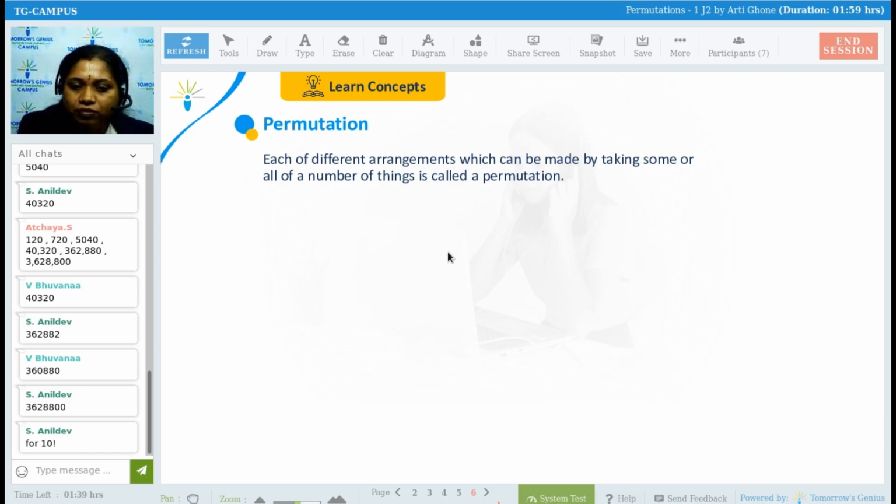But here I have changed my definition: each thing which we are arranging is a permutation. Why? Because permutation can be linear or circular. Arrangement of anything will be mainly in a linear manner or maybe in a circular manner. So both definitions are true. So basically you need to write down in your notebook, permutations.